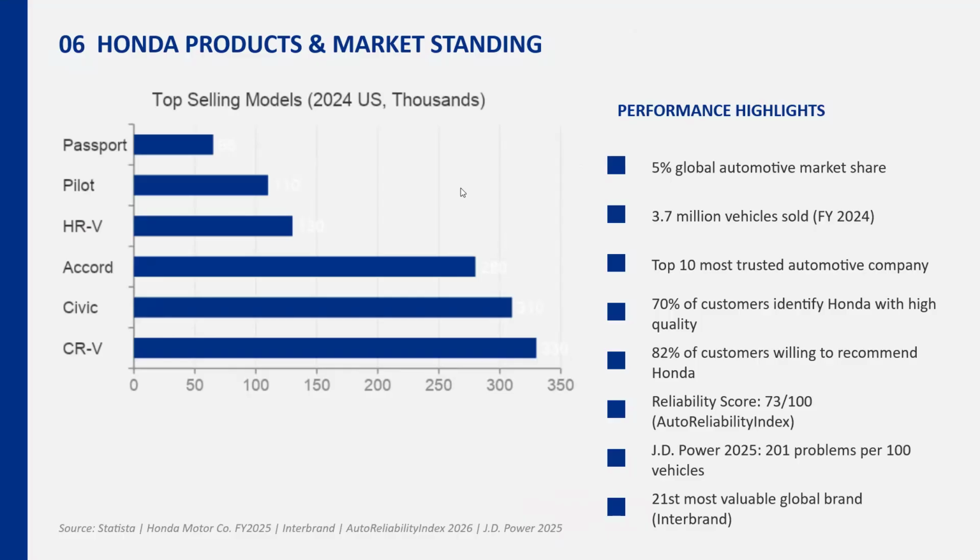Now, as you can see here, a little bit more of that Visme knowledge. I really do like that tool. However, Honda's product lineup in the US is anchored by three iconic nameplates.